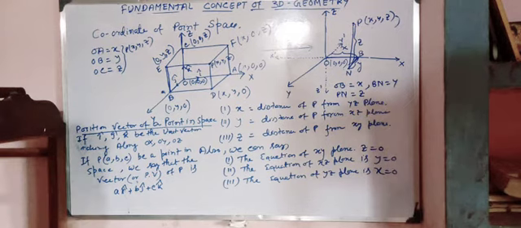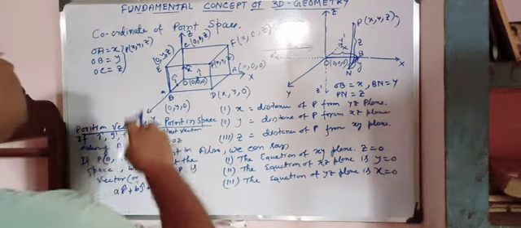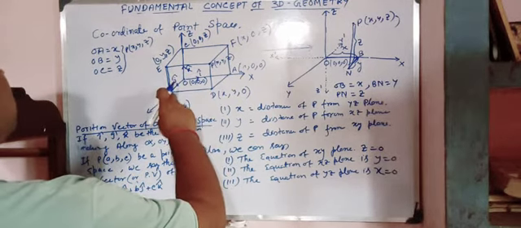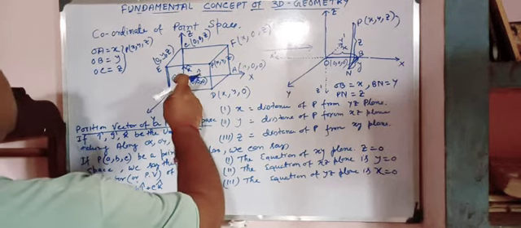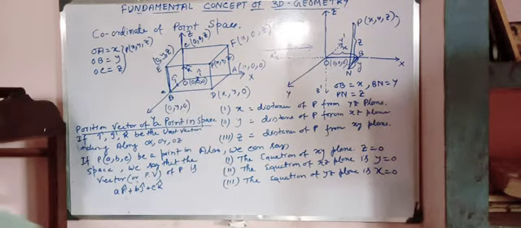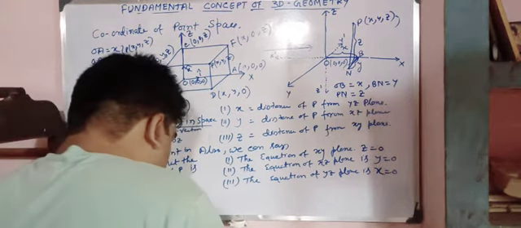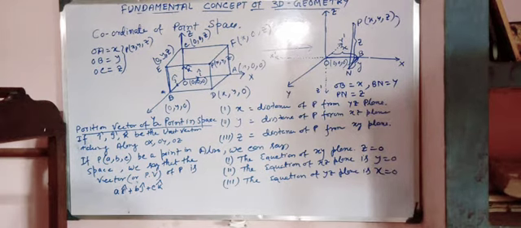This is the position vector of P with respect to this coordinate system, as I am taking i along OX, j along OY and k along OZ. So hope you understand that.